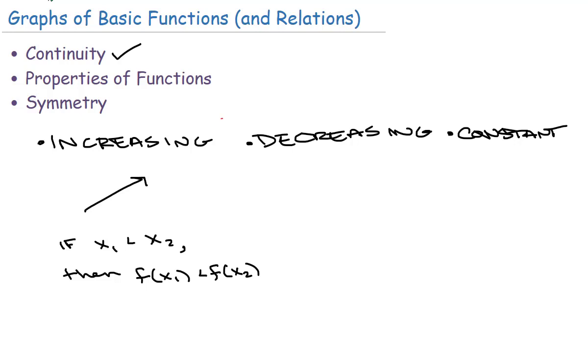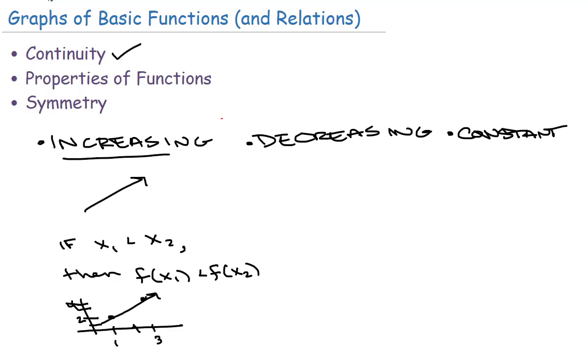So if I plug in one x value, let's say I plug in 1, and I get out a y value, let's say it's 2, then if my next x value is bigger, like let's say that I plug in 3, then my next y value should also be bigger. That's what increasing looks like. Notice this graph would go up toward the right.